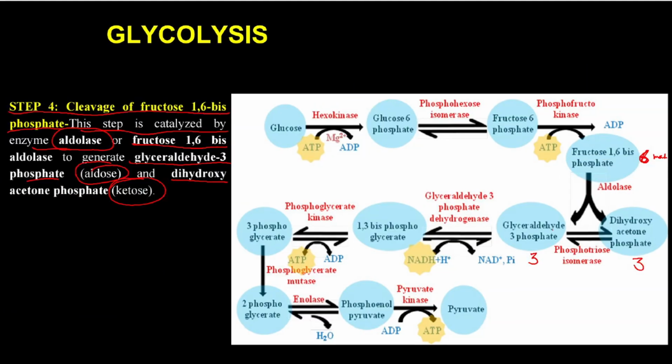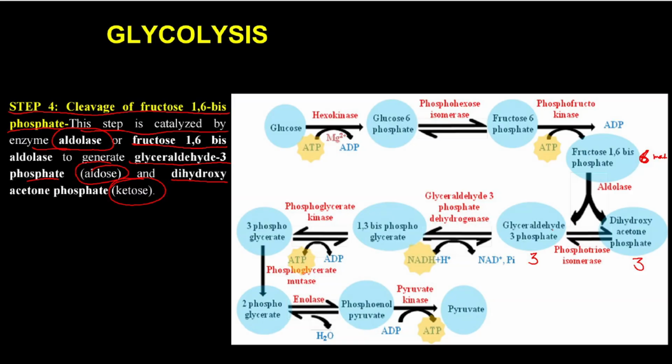Next is step 4, that is the cleavage of fructose 1,6 bisphosphate. Now, this 6 membered carbon molecule will break down to give us two 3 membered carbon molecules. Okay, so this is the breakdown step. This step is catalyzed by the enzyme aldolase.